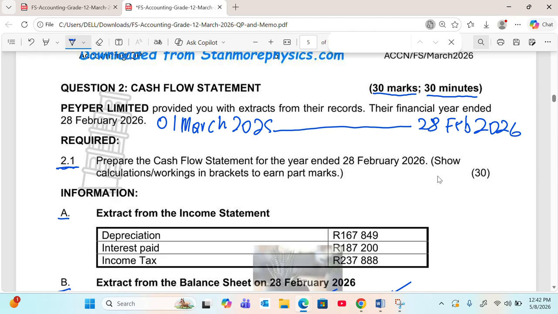So what do we need firstly guys to complete the cash flow statement? 1, the current year's income statement. 2, we need the statement of financial position, also known as the balance sheet, from the previous year and the current year. So in information A, we have extract from the income statement for the current year.